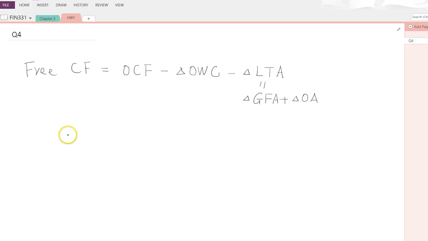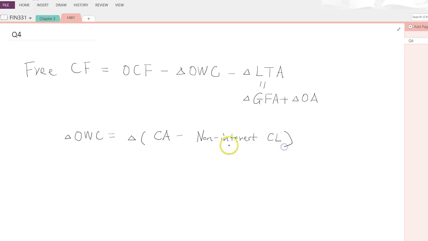So the change on operating working capital is further equal to the change of the definition of operating working capital, which is current assets minus the non-interest bearing portion of current liabilities.